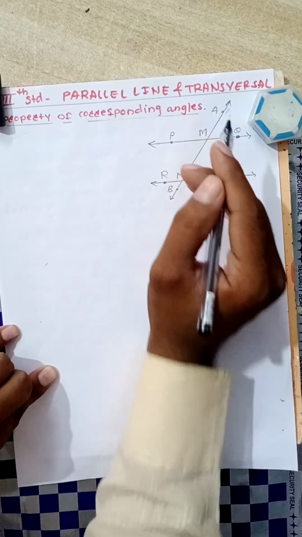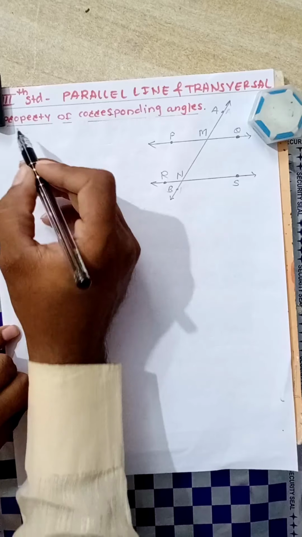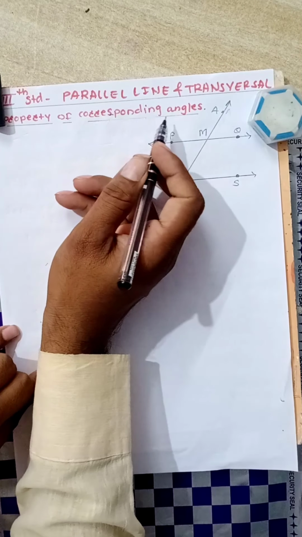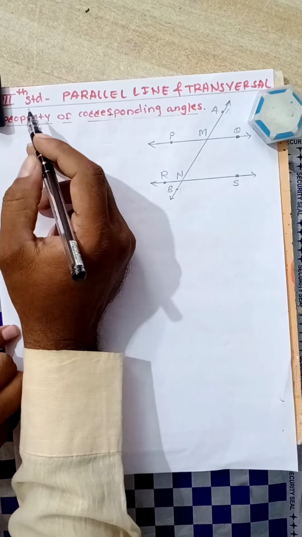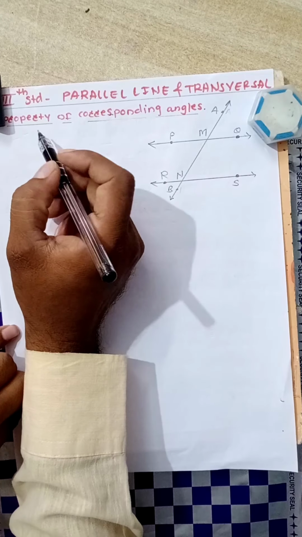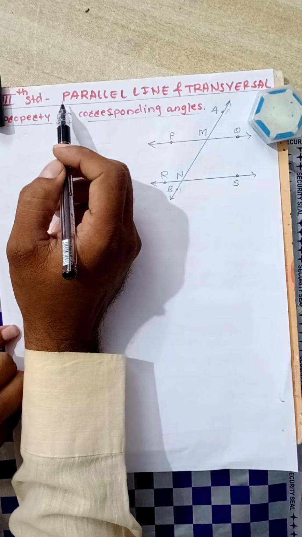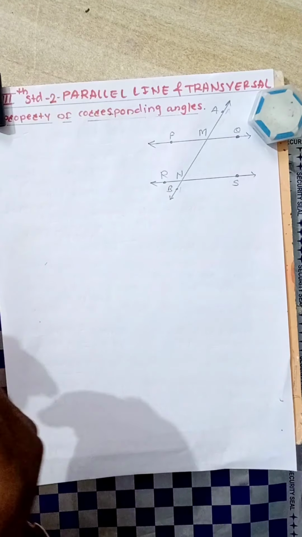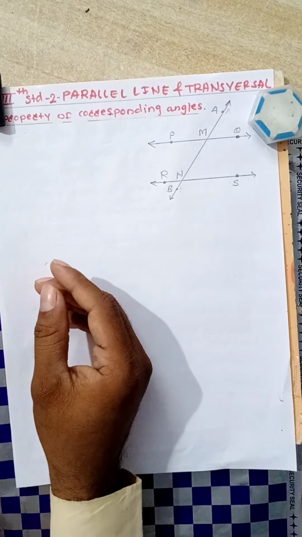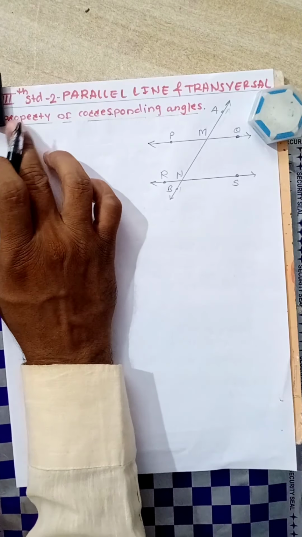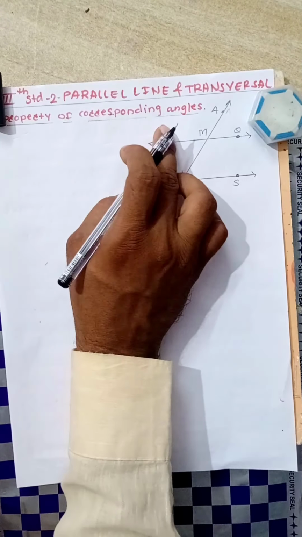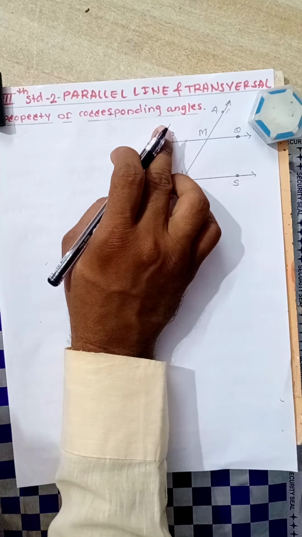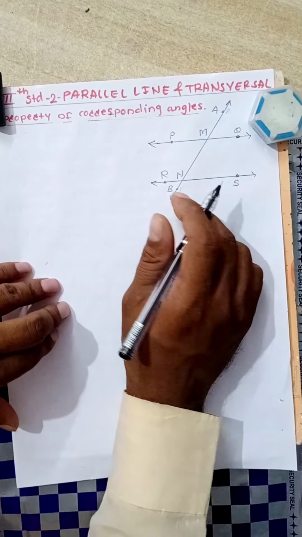So let's learn property of corresponding angles. We learn in chapter number 2, parallel lines and transversal. Today's point is property of corresponding angles. So what is meant by corresponding angles?